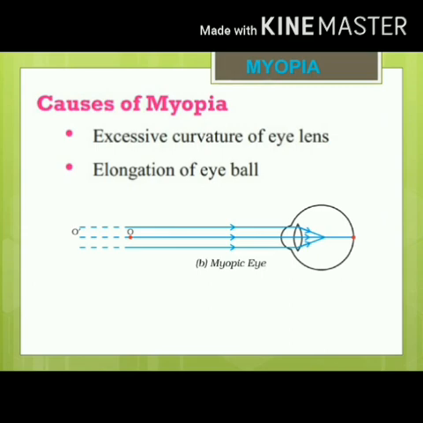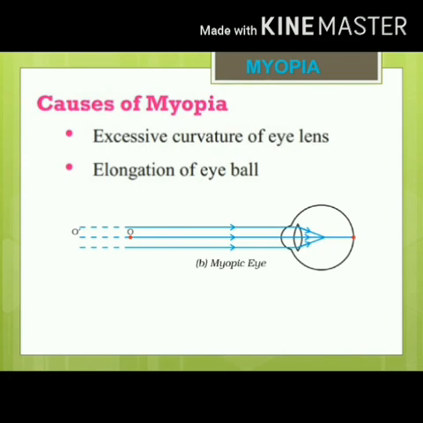If the curvature is more than expected, it will converge the incoming rays after refraction at a nearer point, and the focal length will decrease, so the image will form in front of the retina instead of on the retina. So these two can be the probable reasons for myopia.